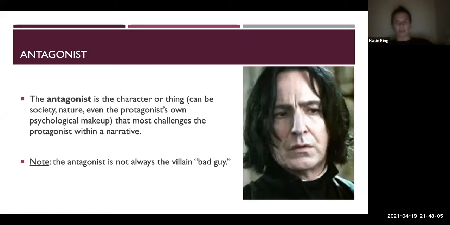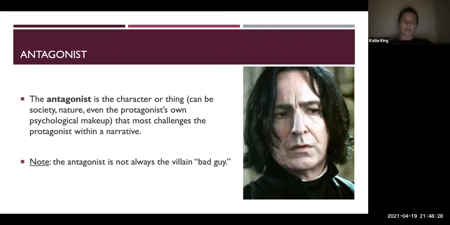He may have to be on the bad guy side, in Slytherin or whatever, but he ultimately becomes a very complex, complicated antagonist. And that in and of itself could make for the argument of a really cool essay. Not in this class because we're not reading Harry Potter, so relax.